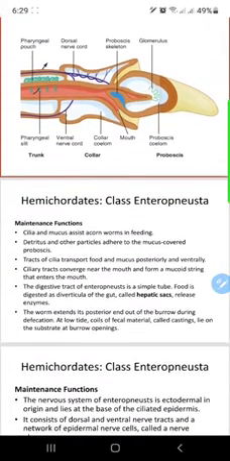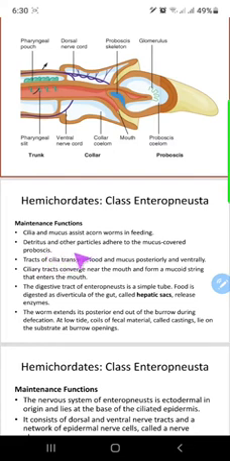The first class of the hemichordates is the Enteropneusta. Maintenance functions of this class: the cilia and mucus assist acorn worms in feeding. These are basically the acorn worms in this class. With the help of cilia and mucus, they feed. Detritus and other particles adhere to the mucus-covered proboscis.